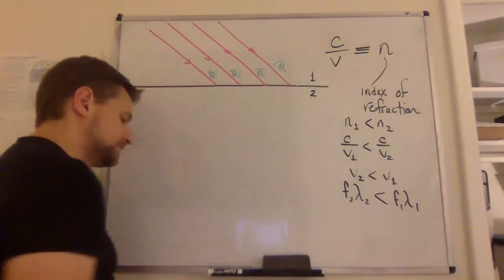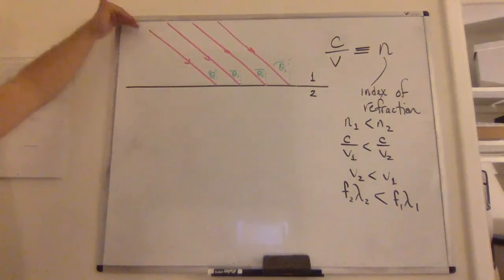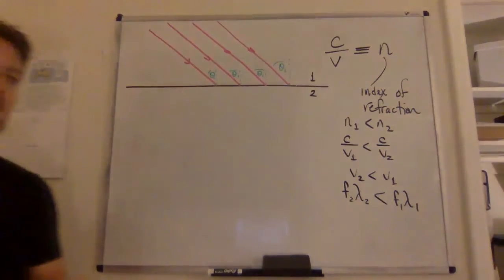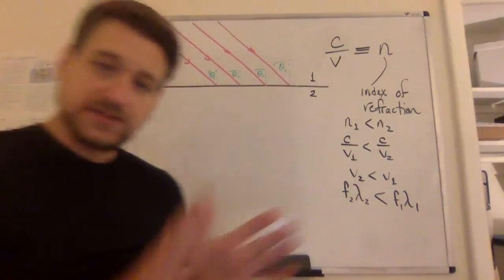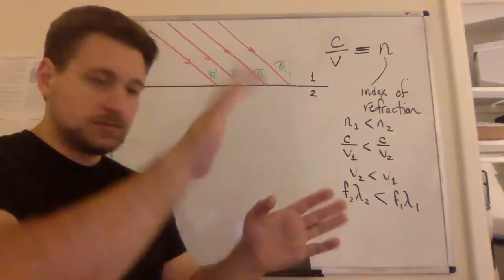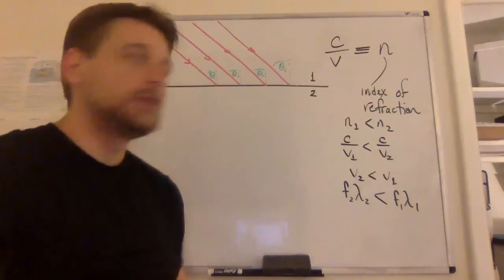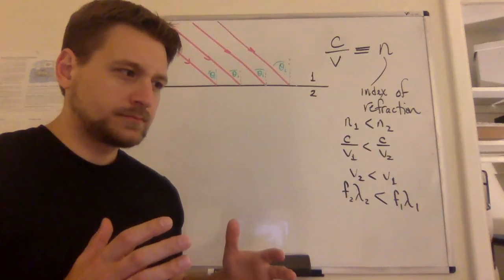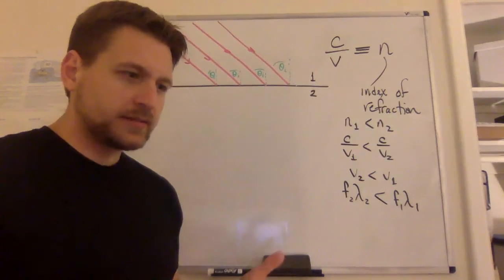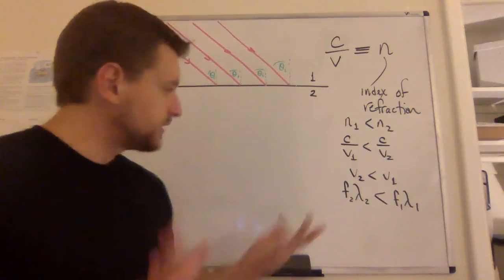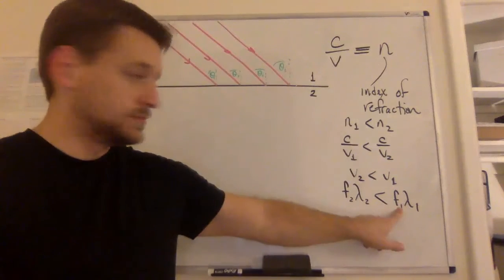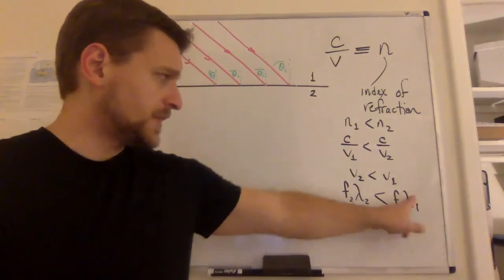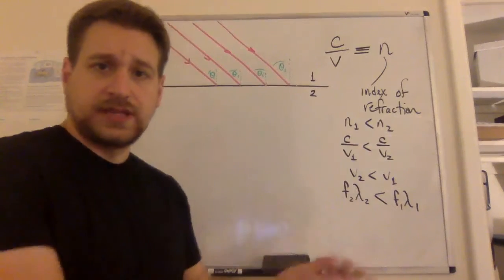Now, the incoming ray has oscillating electric and magnetic fields, with a wavelength according to the frequency. So whatever the frequency is in medium 1, lambda is related to that.